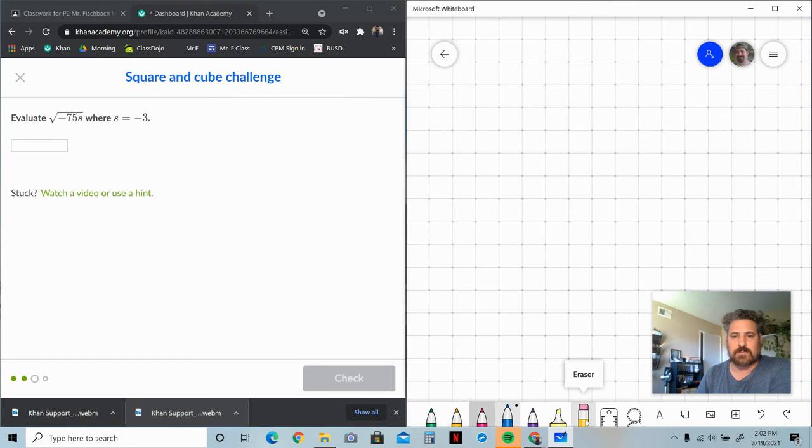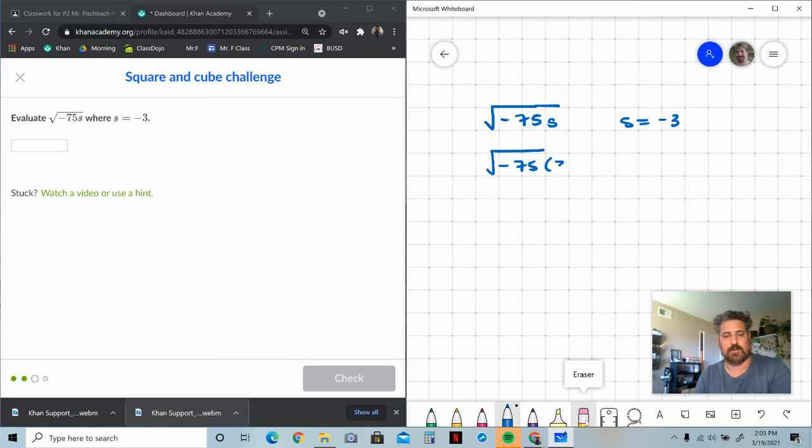And then for the next one here, we've got the square root of negative 75s, where s is equal to negative 3. All right, so this is the square root of negative 75 times the value of negative 3. So just work inside here, and you're going to get a positive 75 times 3.